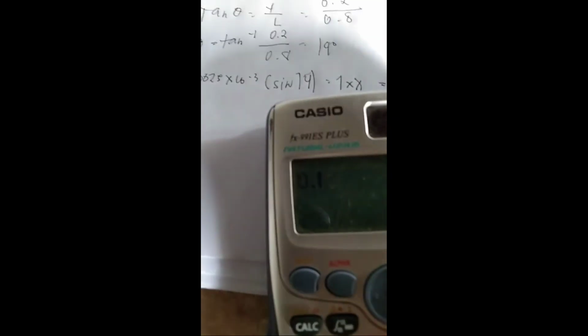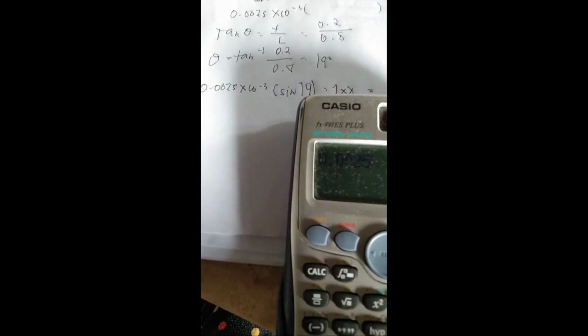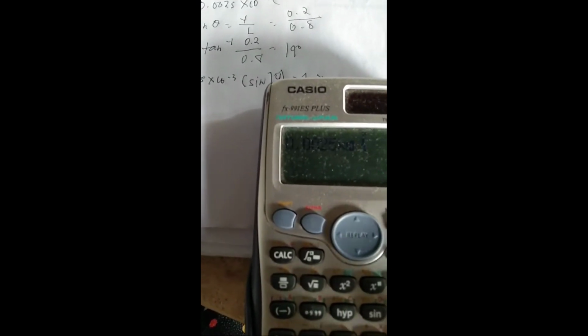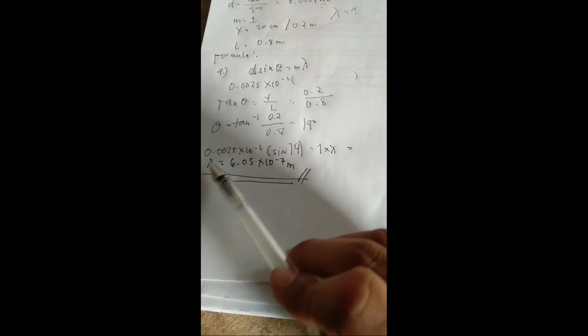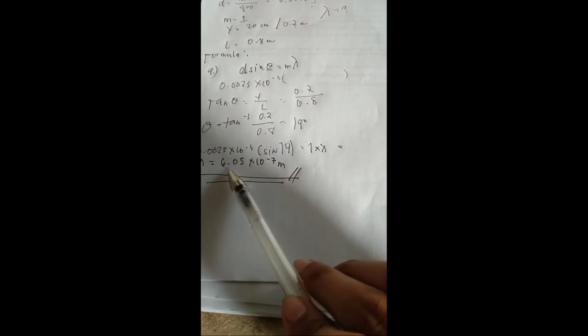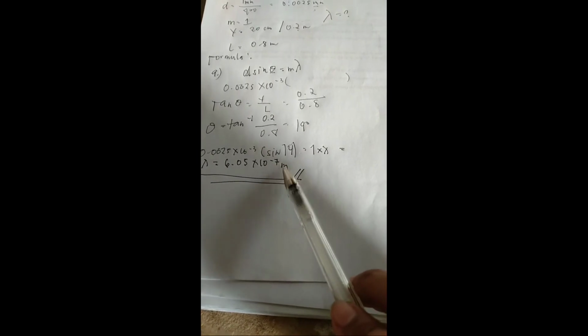So now let's compute the answer. 0.0025 times 10 raised to negative 3 times sin 14 degrees is equal to, that's the answer. So the answer is lambda is equal to 6.05 times 10 raised to negative 7 meters.